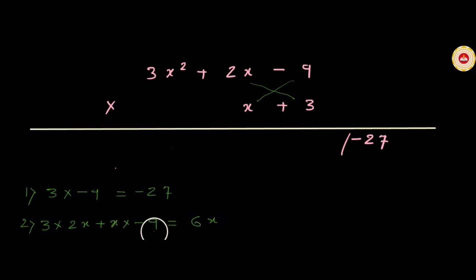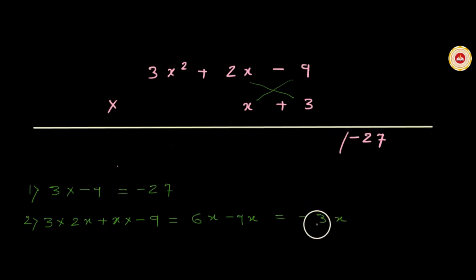X multiplied by minus 9 is minus 9x, which gives minus 3x. Minus 3x is the answer of step number 2 and should be written in the second part from right side. So write minus 3x, draw a slash, right?